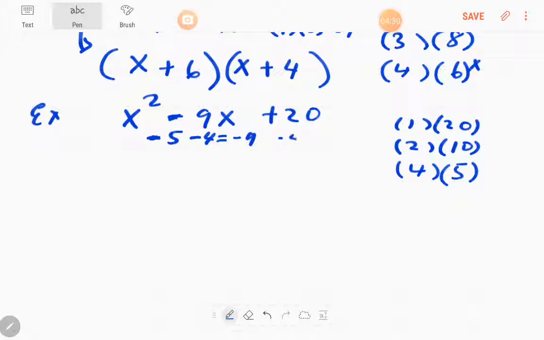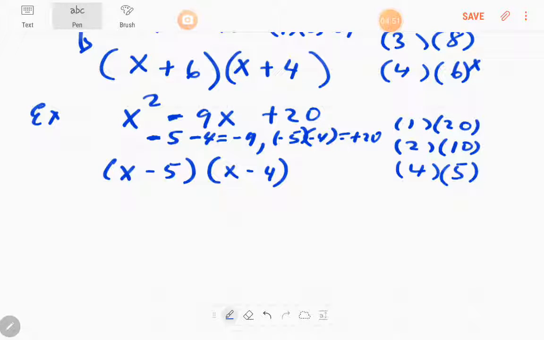And if we multiply a minus 5 times a minus 4, that multiplies to give plus 20. So this is the pair of numbers we're going to use with these signs. So we'll have x minus 5 times x minus 4.